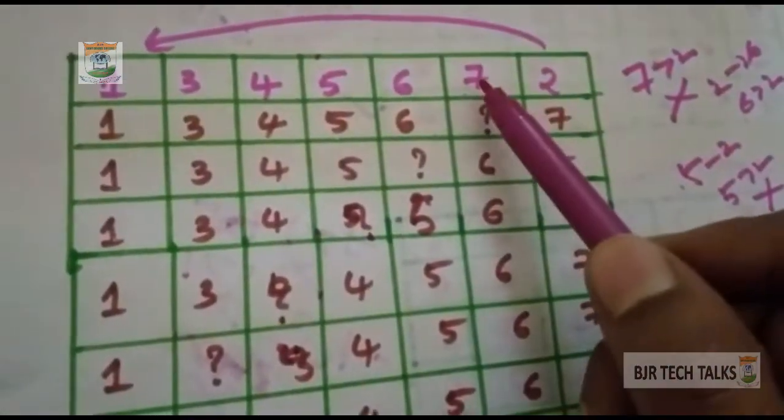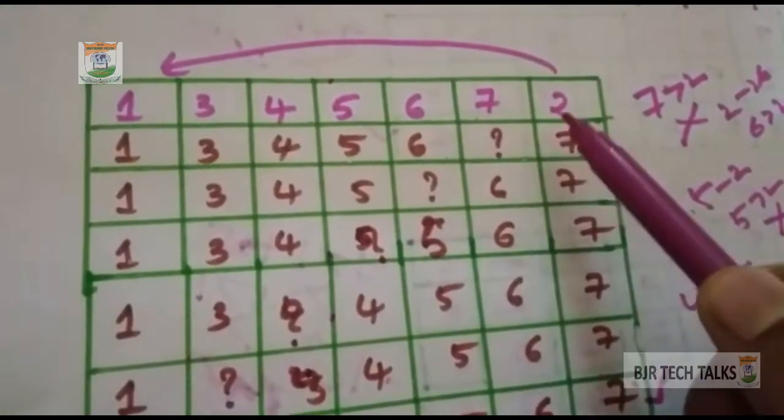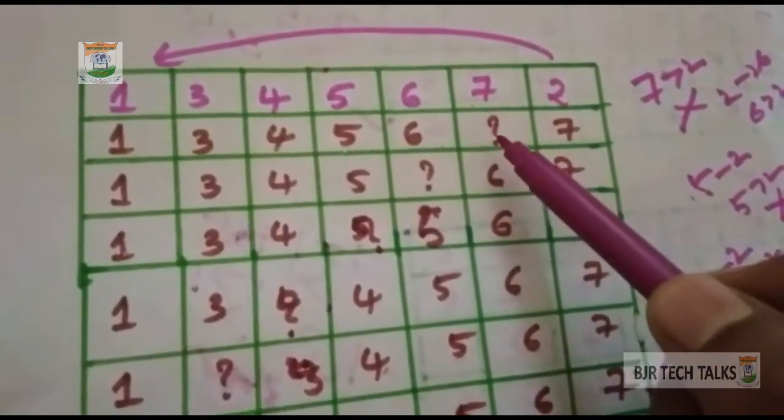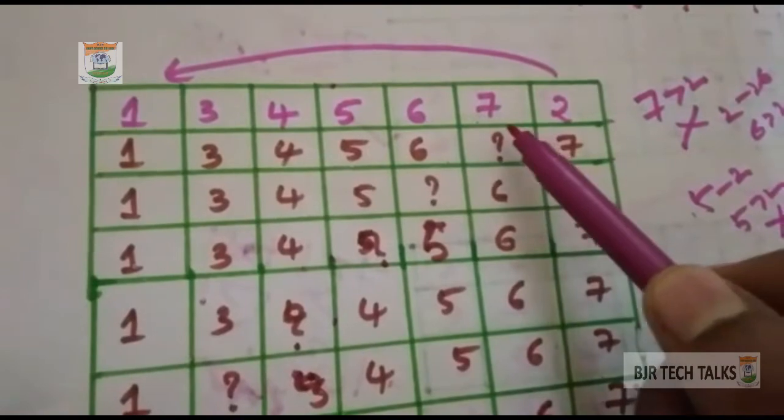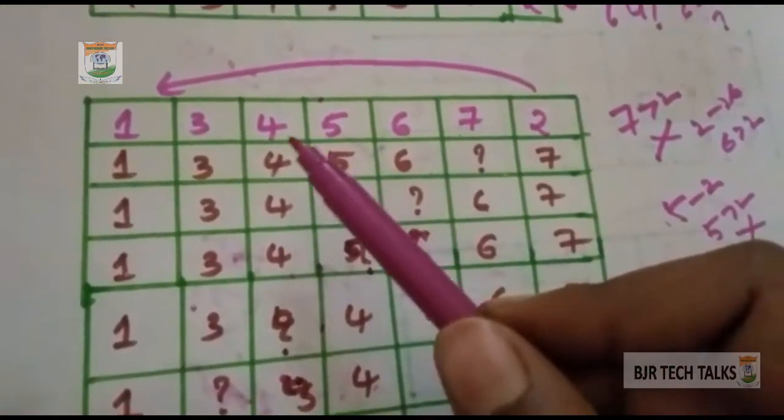When 2 is compared with 7, 7 is greater than 2. So places change, 7 comes here. But 2 does not come here. Why? Because we are not fixing the 2 here, because we have to compare 2 with the other remaining elements also.